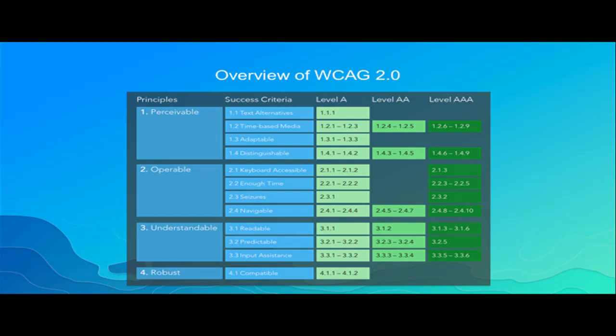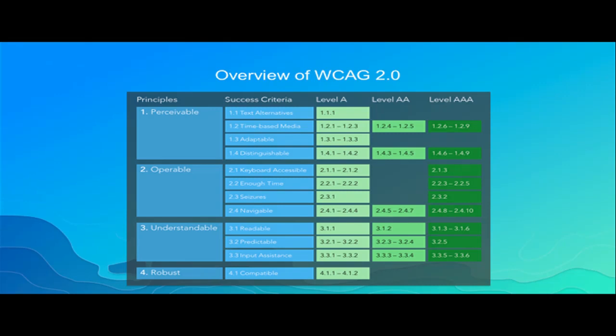And level AA is what we are trying to achieve at Esri, which is also recommended by W3C. Level AAA requires a higher effort, so things like sign language interpretation, live captioning.